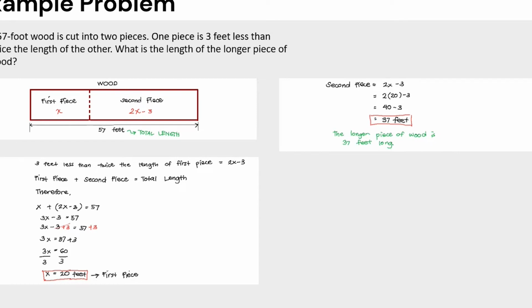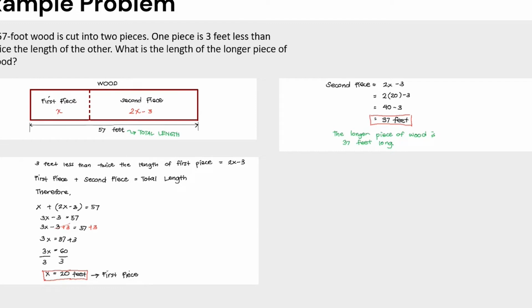Since the second piece is 3 feet less than twice the length of the first piece, then it can be algebraically expressed as 2x minus 3. So we have total length na 57, first piece na x, which is unknown, and second piece is 2x minus 3. And now we can find the measurements for both pieces.